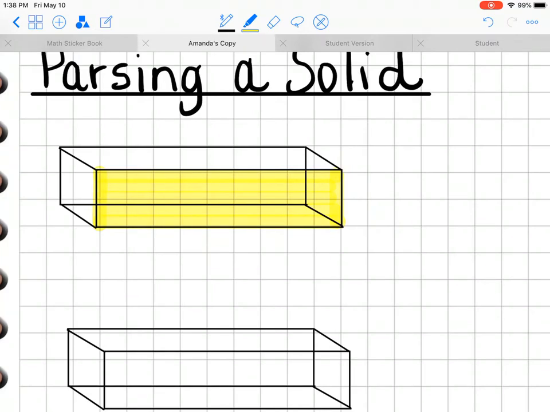I've parsed out one face of the solid, and this one back here would be another one. Let me go ahead and color that in. No, that's too much yellow. Let me just go with one of them. But you realize that the other side of that box is just like this one. So this particular face of the solid is made with length and height.